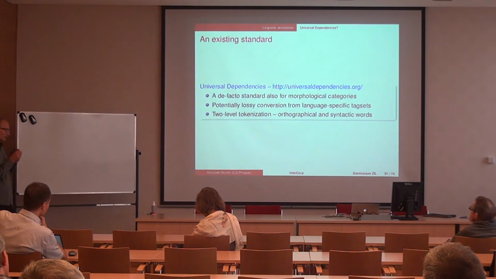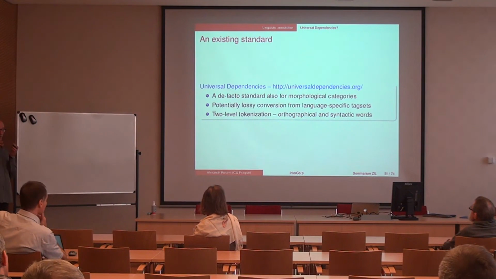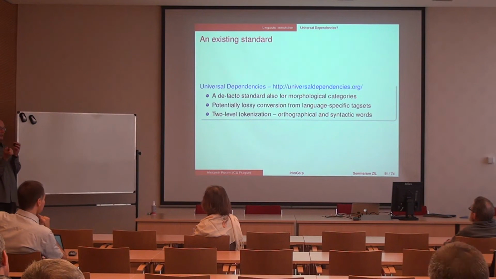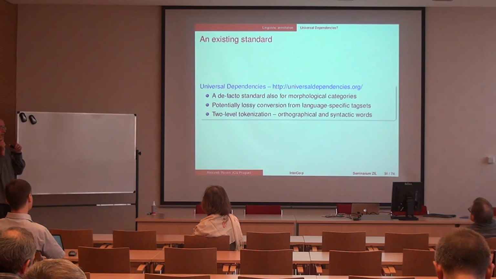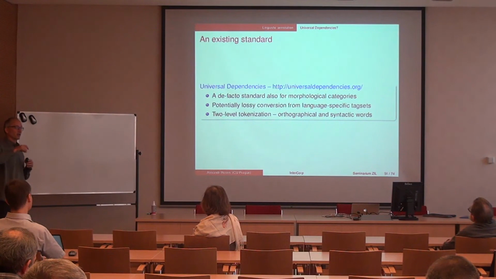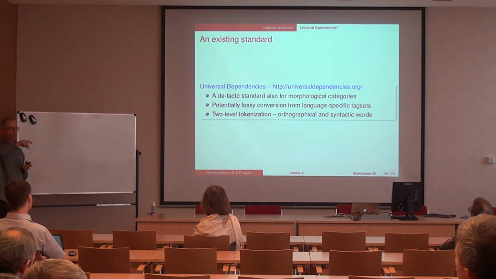You have two-level tokenization, which takes care of something called syntactic and orthographical words. So an orthographical word would be something between word boundaries in the text, and a syntactic word would be something that you can have in a syntactic tree as a node.